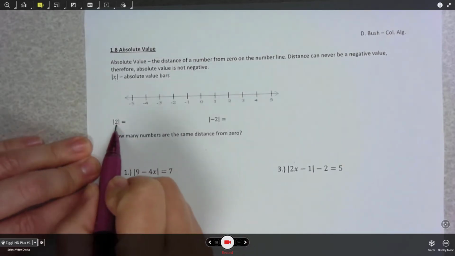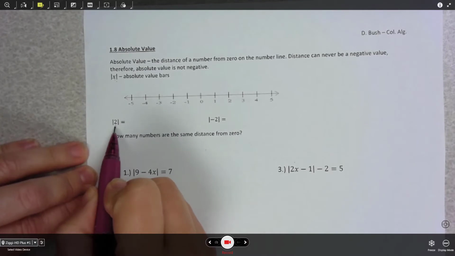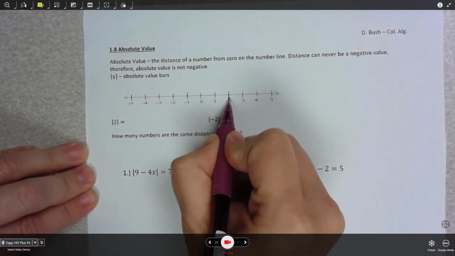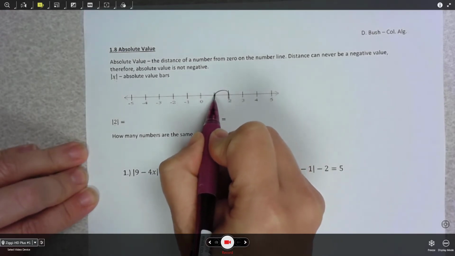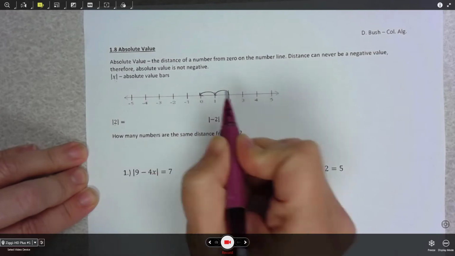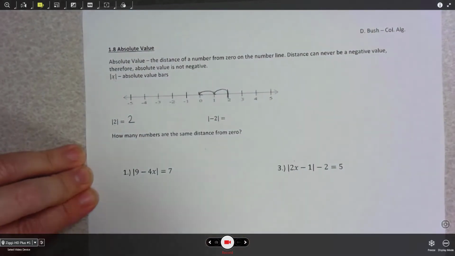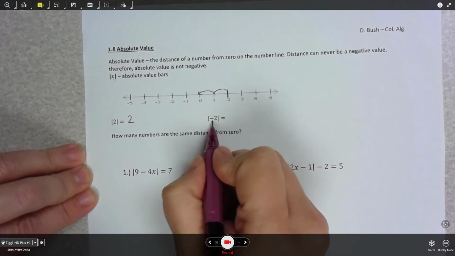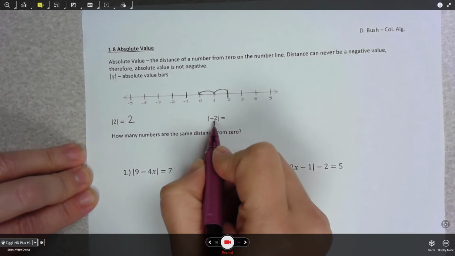If we look at the absolute value of 2, I want to know how far is 2 from 0. If I come to the number 2 on the number line and count back to 0, it's 1, 2, a distance of 2 from 0. Now I want to know how far is negative 2 from 0, or what is the absolute value of negative 2.